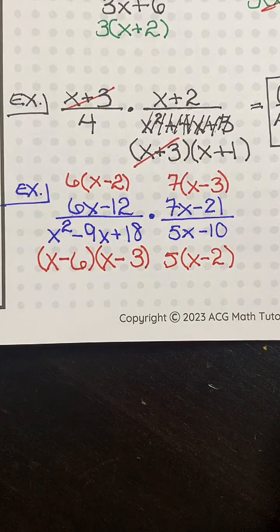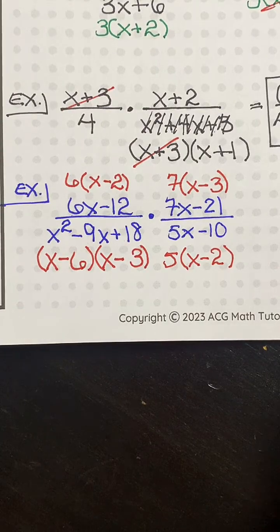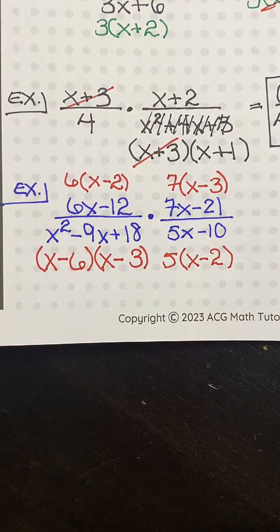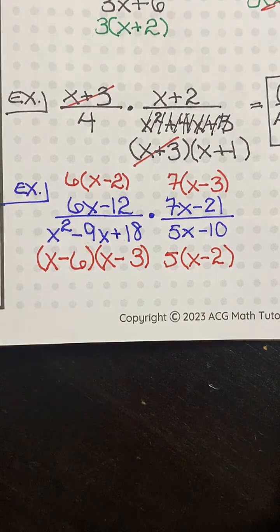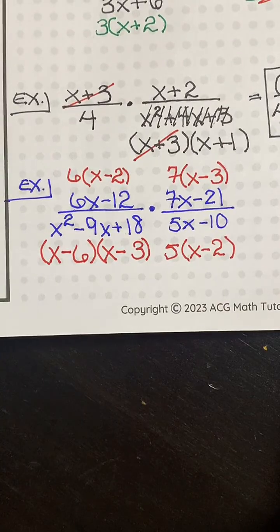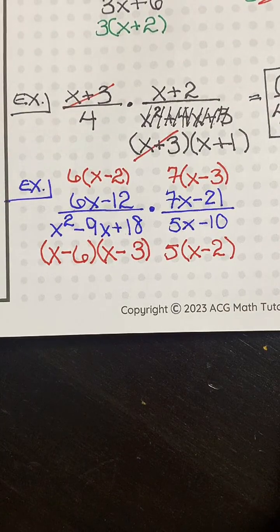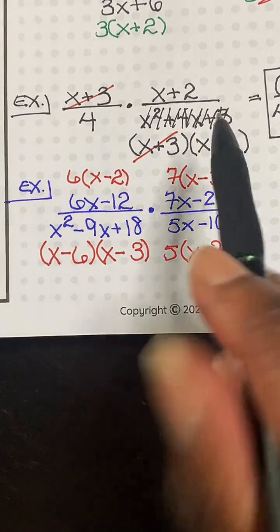So now, let's take a look. What can we eliminate? Keep your eyes on the red. What can we eliminate? The negative 3. Oh, okay.